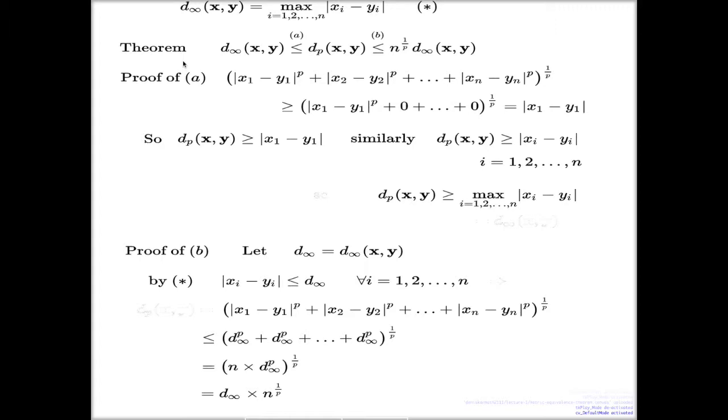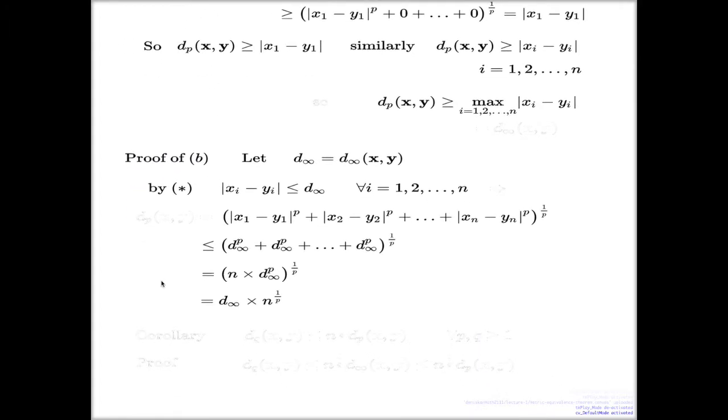Now, the second one I call the corollary because it follows from the first one. I need to scroll it up again. The second one, which I call the corollary, which means it's a consequence of the first part, says that we have the following relation between the p and q metrics.